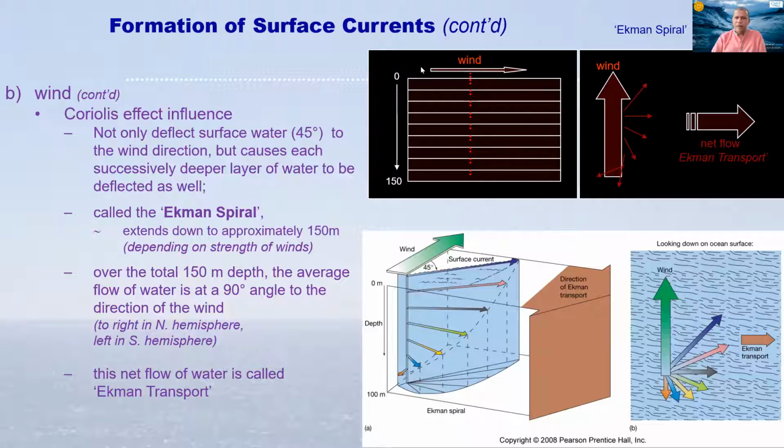So wind is trying to drag the surface layer into the same direction as the wind blows, but since this top layer is attached to the next level and the wind effect on the next layer is a little less than the top one.